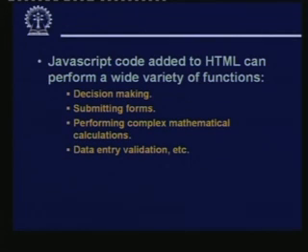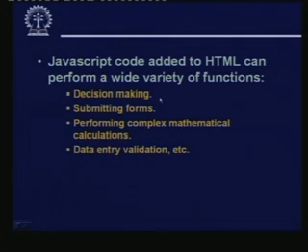Now, with respect to applications, when we add JavaScript to HTML, naturally we are trying to perform some kind of functionality over and above what can be done by pure HTML.